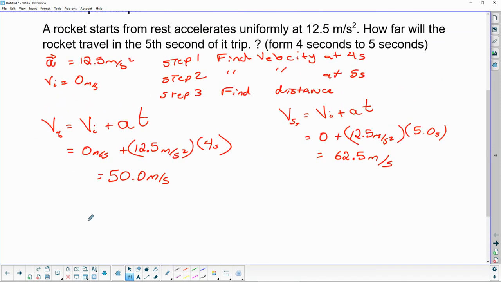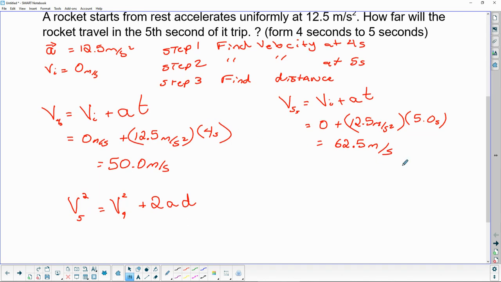Okay, so we're going to apply the velocity squared after 5 seconds equals the velocity squared after 4 seconds plus 2 times the acceleration times the distance. We're going to leave the distance blank and solve for d. The velocity after 5 seconds was 62.5 meters per second, and we're going to have to square that.